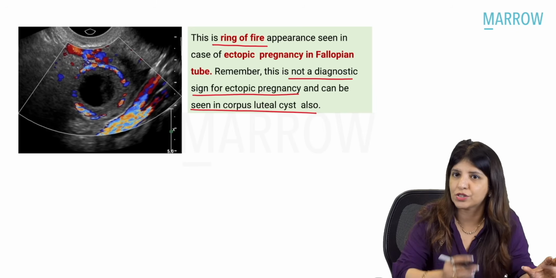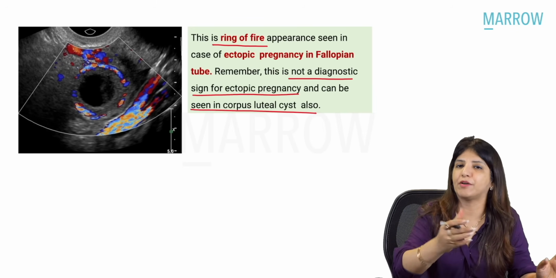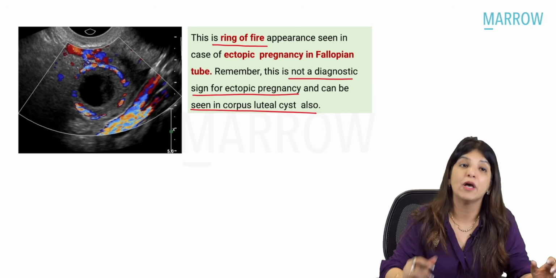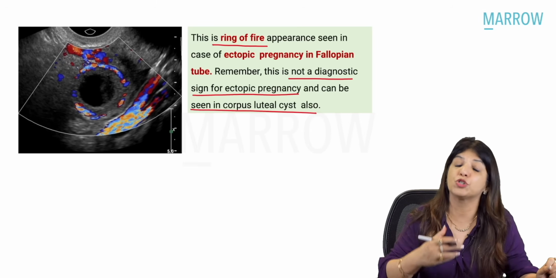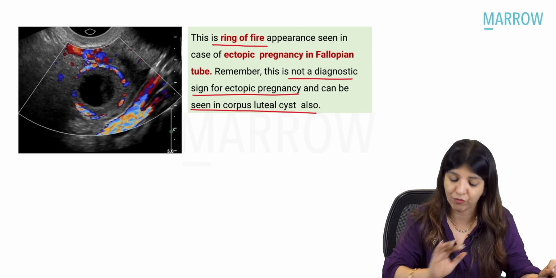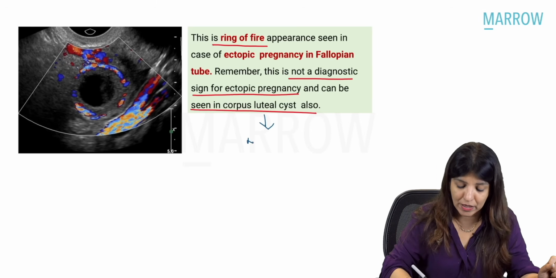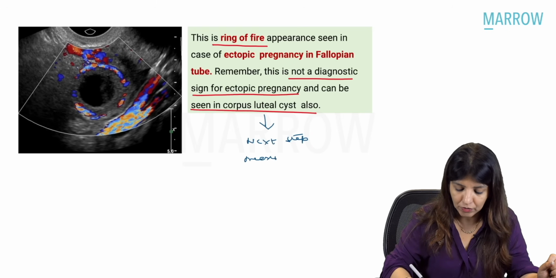So if they show you this image and they say that a ring of fire appearance was seen, what is the next step? Don't say that once I get a ring of fire appearance, it means that the ectopic pregnancy is confirmed. No. Next step is you have to measure beta HCG.